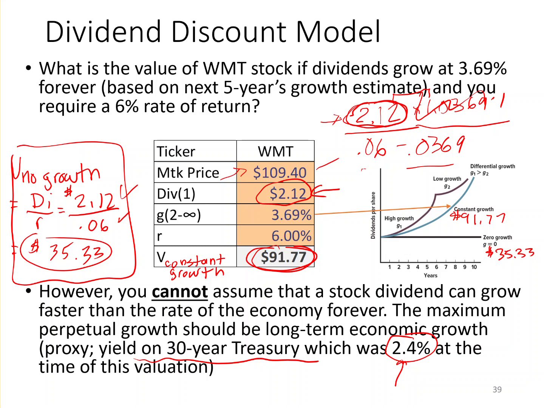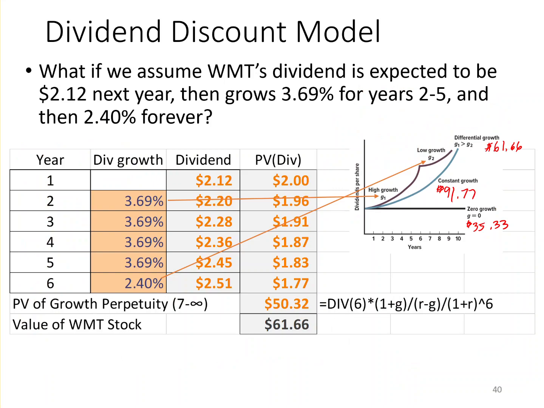What I can do is use a model where I use the 3.69% growth for years 2 through 5, and then use a 2.4% growth rate from year 6 through infinity. Let's see how we can value the stock using that model and see what the valuation is.